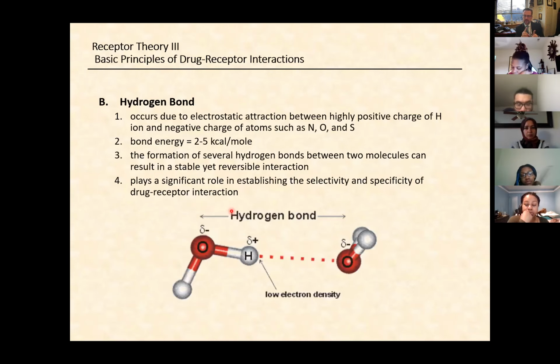Hydrogen bonds are the next. Their bond energy ranges from 2 to 5 kilocalories per mole, and they typically form between the highly positive charge of a hydrogen ion and negatively charged atoms like nitrogen, oxygen, and sulfur. What we often see in terms of drug receptor interactions is the formation of multiple hydrogen bonds between drug molecules and receptors.